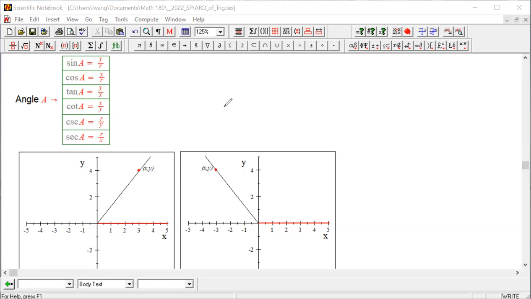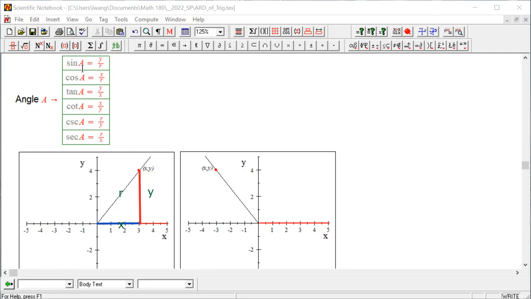We know that x is the horizontal measurement, y is the vertical measurement, and this is r by the Pythagorean theorem.